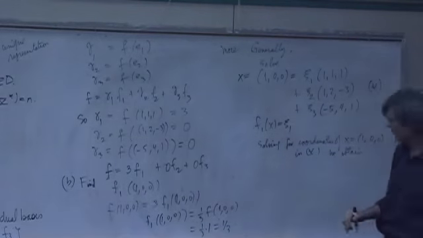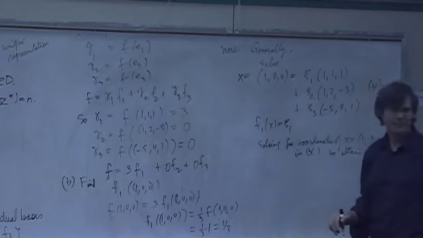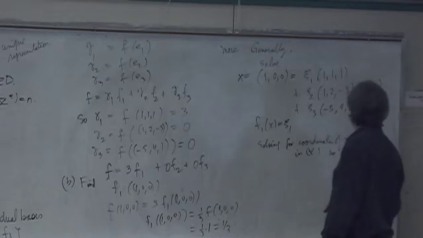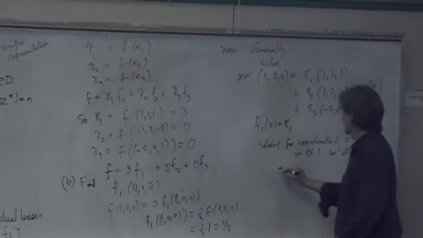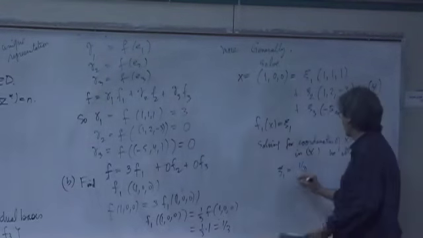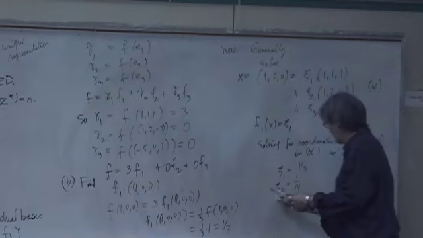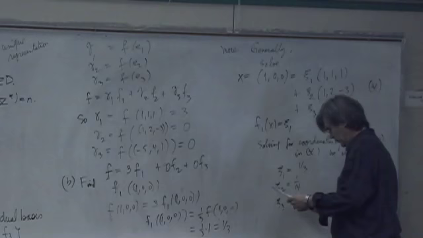So we obtain C1 equals 1/3, C2 equals 1/14, and C3 equals minus 5 over 42.